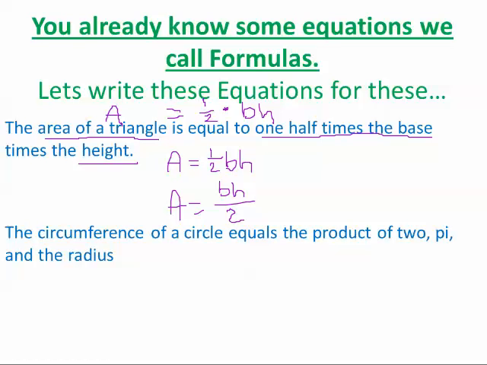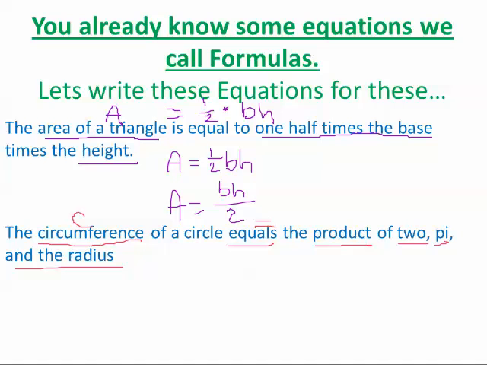How about the circumference? Let's do red for the moment. Circumference, I'll call that C, of a circle, is equal to the product, that means to multiply, of 2 pi and the radius.